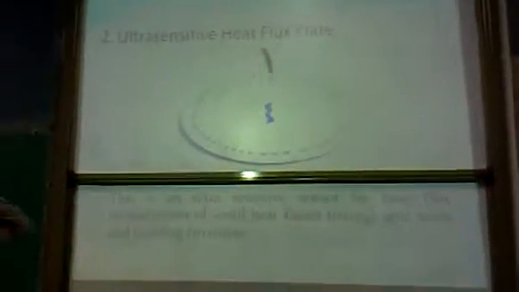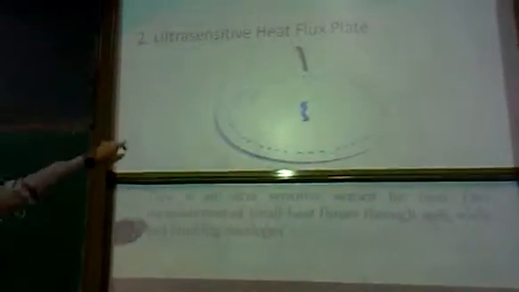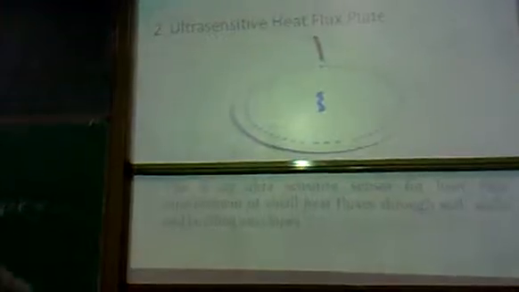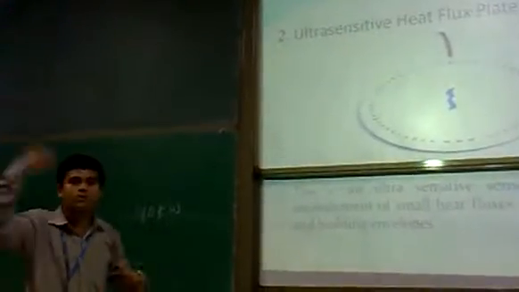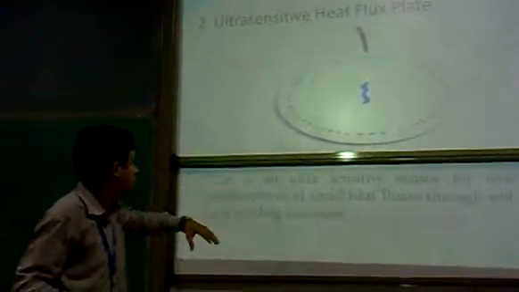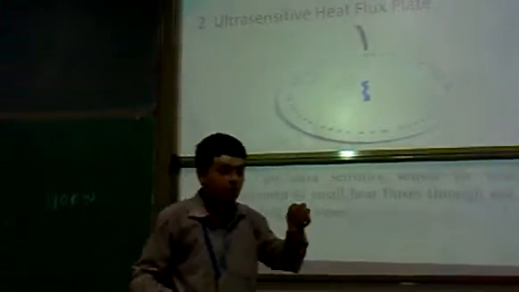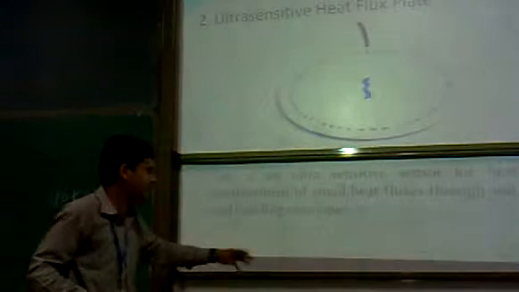This is the second type of sensor, which is the ultra sensitive heat flux sensor. The basic difference between the first heat flux plate and this one is that in the first we use above 10 kilowatt, but this plate is used to measure small heat fluxes in soil, walls or building envelope.